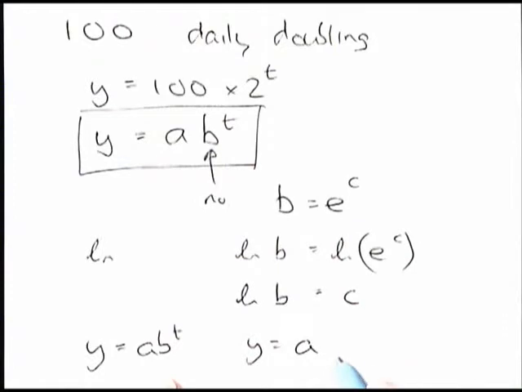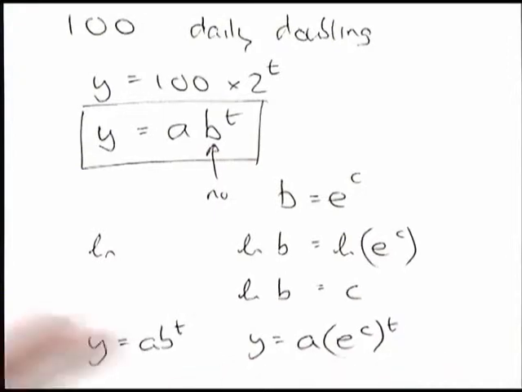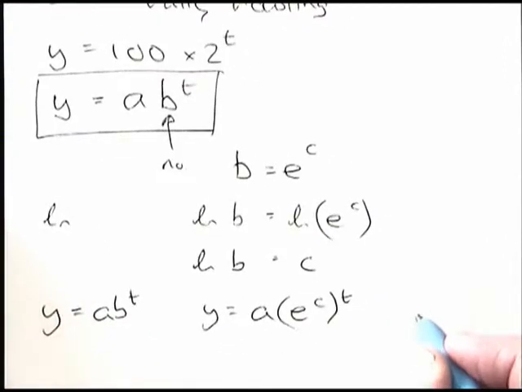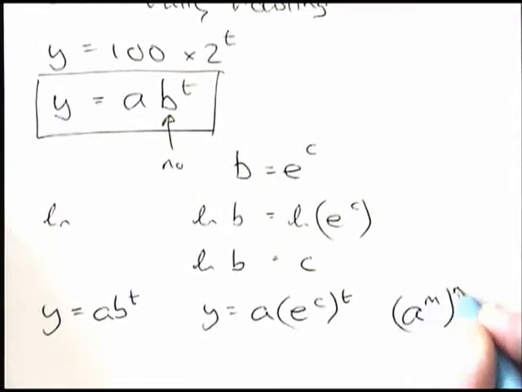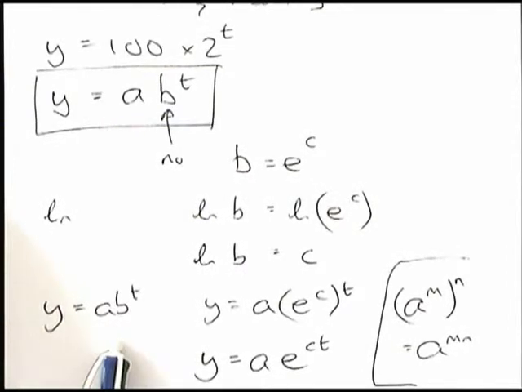B is the same as e to the C, to the power of T. And using laws of indices, what I've got here is e to the C to the T. Now, if we just take e's out of it a minute, thinking back to GCSE, A to the M to the power of N was the same as A to the MN. That's a rule of indices. So over here we could write this down now as Y equals A e to the CT. And that is exactly the same as what we had over here.